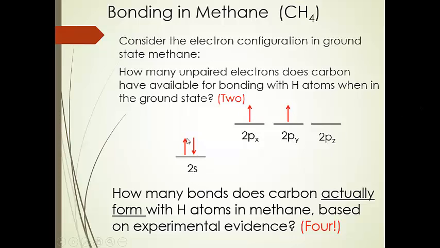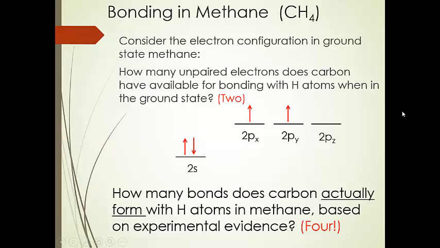And so when we look at this electron arrangement, we're looking for unpaired electrons that are available for bonding with hydrogen atoms. And so for carbon, these 2 are paired in the 2s, and then there are 2 unpaired in the p orbitals. So remember, this is Hund's rule. You place electrons unpaired in orbitals of the same energy with the same spin. Okay?